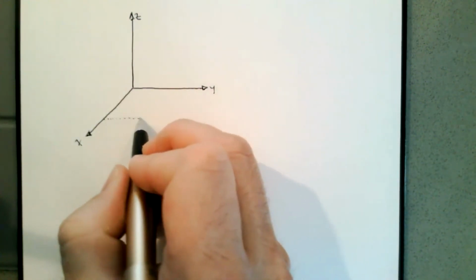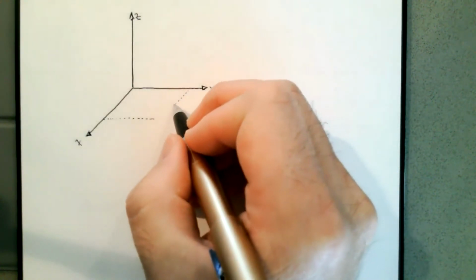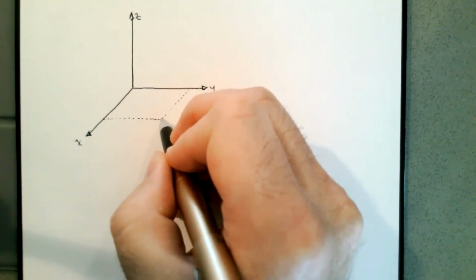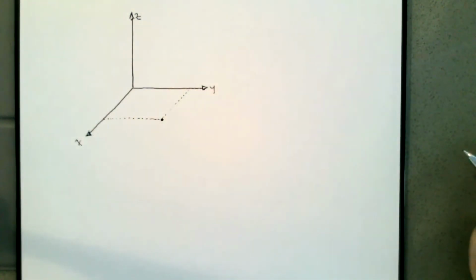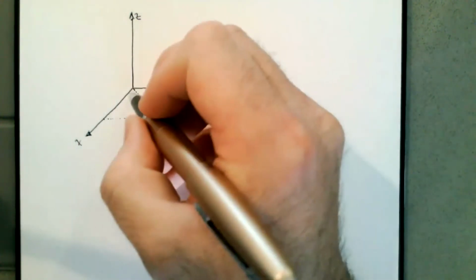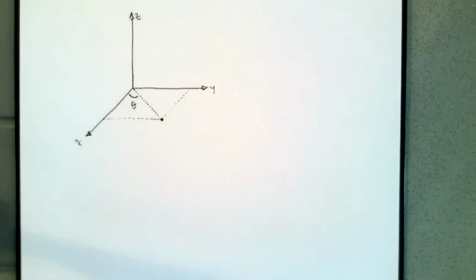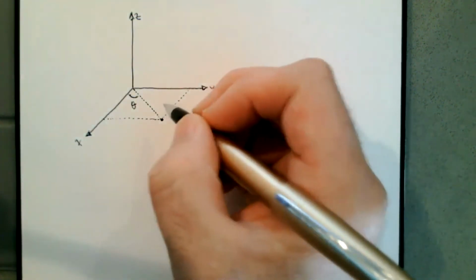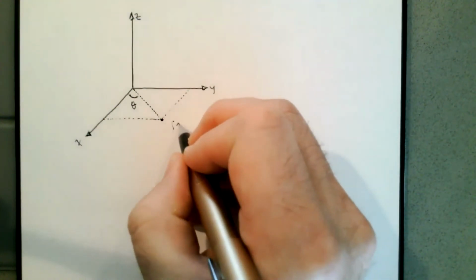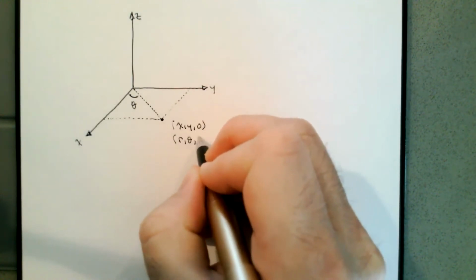And let's put a point out here. There's an xy. I am going to borrow theta from our polar coordinates. So theta is going to be the angle from the positive x-axis towards the point. So this point is still x, y, 0 for height, or r, theta and 0 for height.